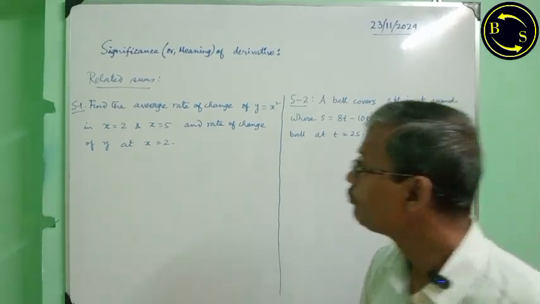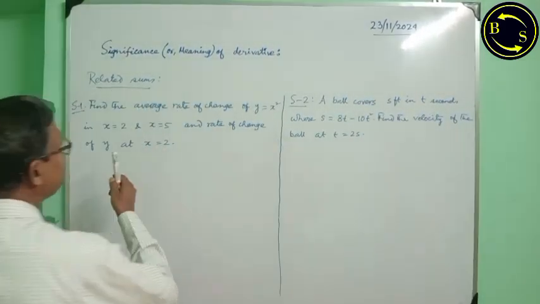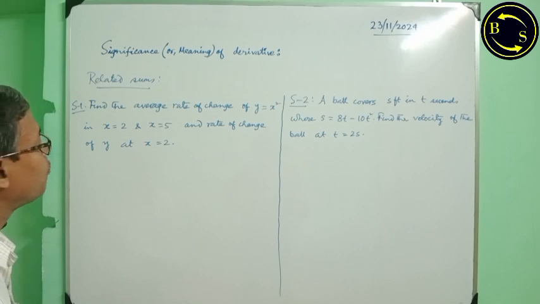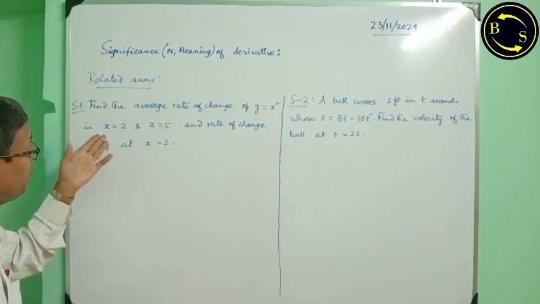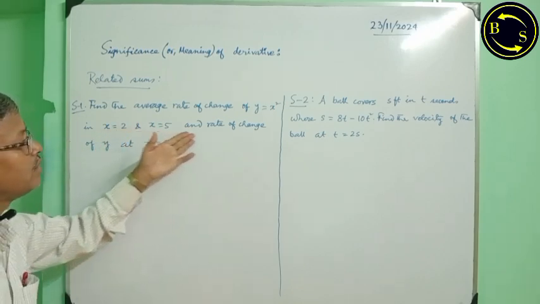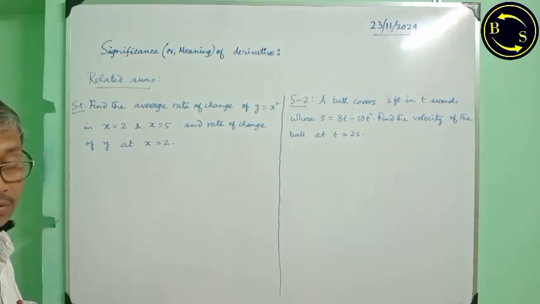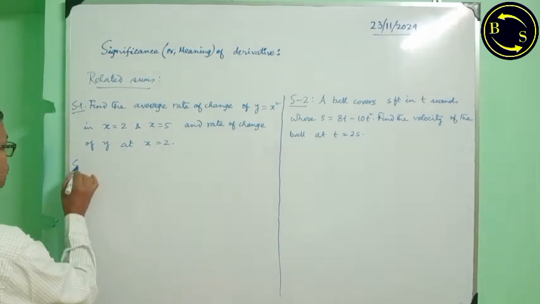This one first. We have to find the average rate of change of y equal to x square in x equal to 2 and x equal to 5, and the rate of change of y at x equal to 2.